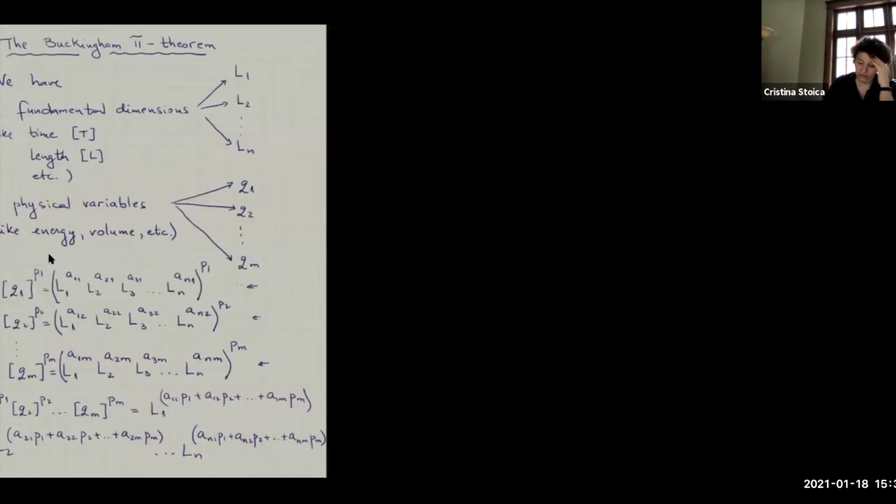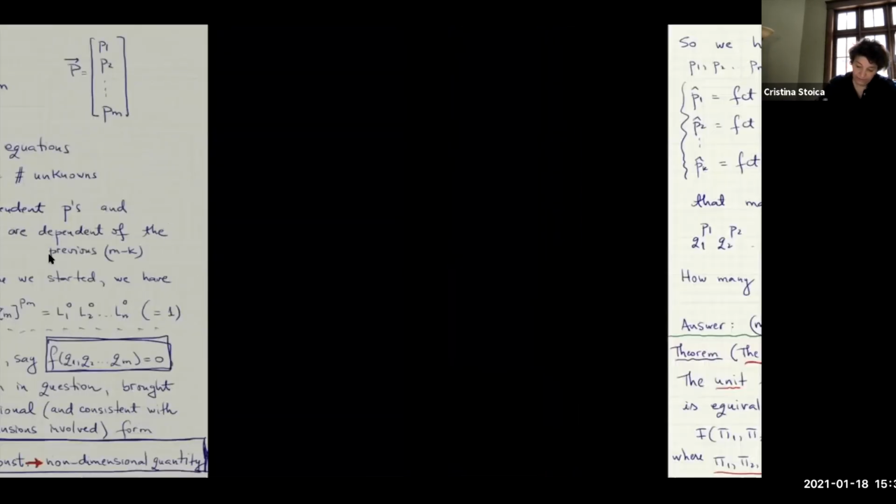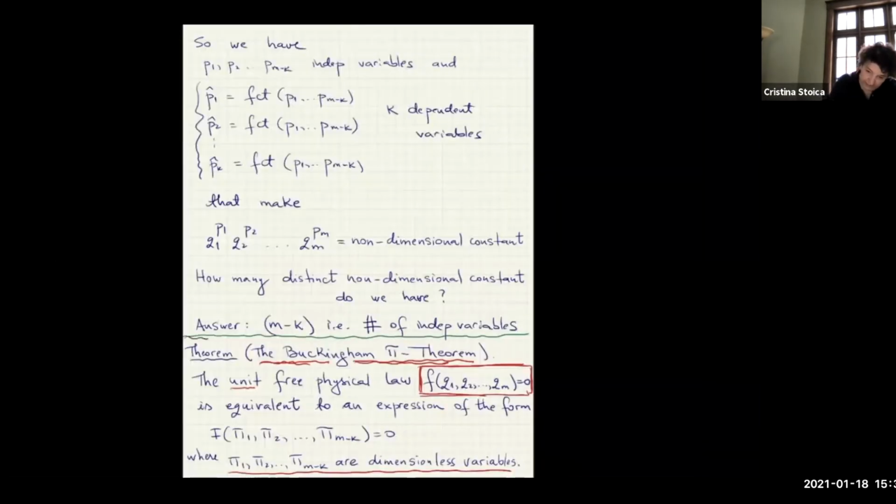There you go. Okay. So the Buckingham Pi theorem tells us that in a physical description of a phenomenon, if we're looking at the dimensions and trying to make sense of them and have a consistent model, we're going to discover that sometimes we can describe that phenomenon in terms of a lesser number of variables.